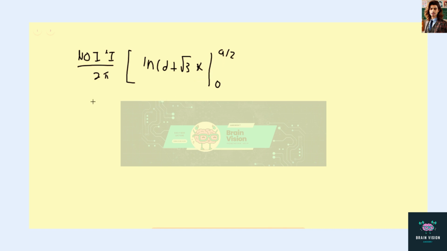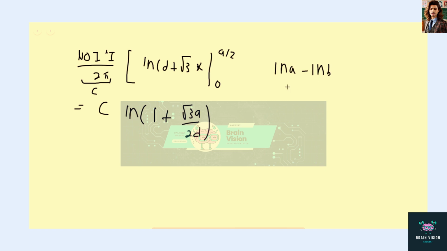So we plug in those limits, and I'll just call this big constant c. Then we have c times natural log of 1 plus root 3a over 2d. I'm using the fact that if you have ln of a minus ln of b, you can just write that as ln of a over b.